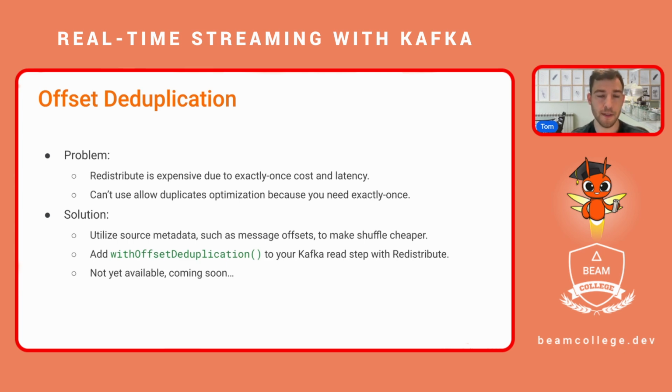Furthermore, the allow duplicates optimization is suitable for at least once processing, but can't be used when exactly once semantics are required. Offset deduplication offers a solution by utilizing Kafka's source metadata, specifically the message offsets, to make the redistribute operation more cost-effective in exactly once mode. You can add offset deduplication to your Kafka read step, but please note this feature is not yet available and is coming soon.